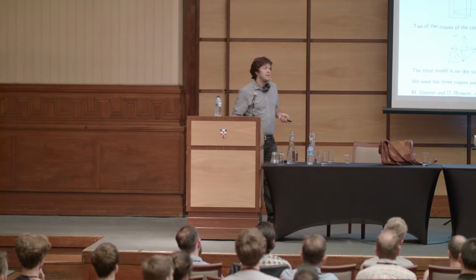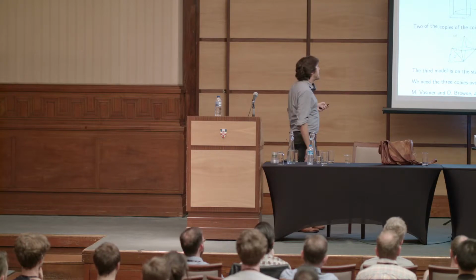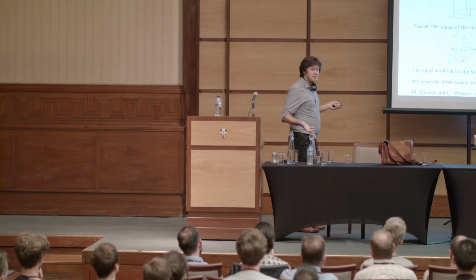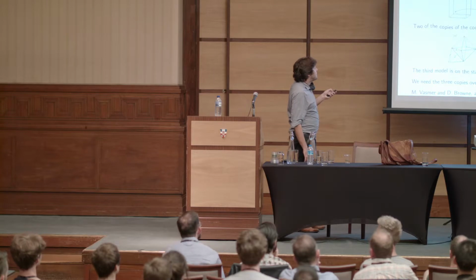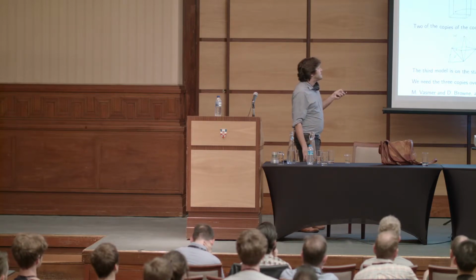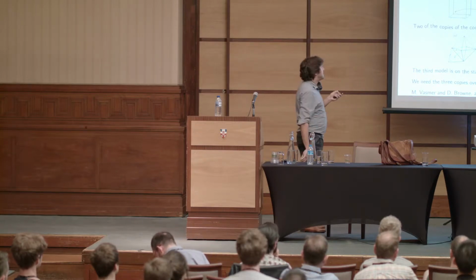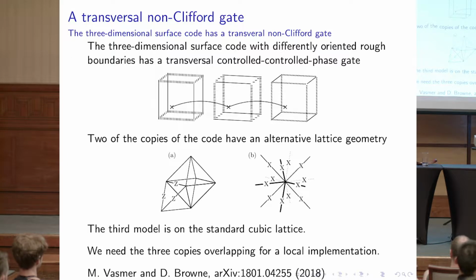And in particular, the transversal gate the 3D surface code has is the transversal controlled-controlled-Z, where if we take 3 copies, it's a 3 qubit gate. So if we take 3 copies of the surface code, and we perform a CCZ gate between the qubit at location P of this code and the qubit at location P of this code and the qubit at location P of this code, then we perform a logical CCZ.